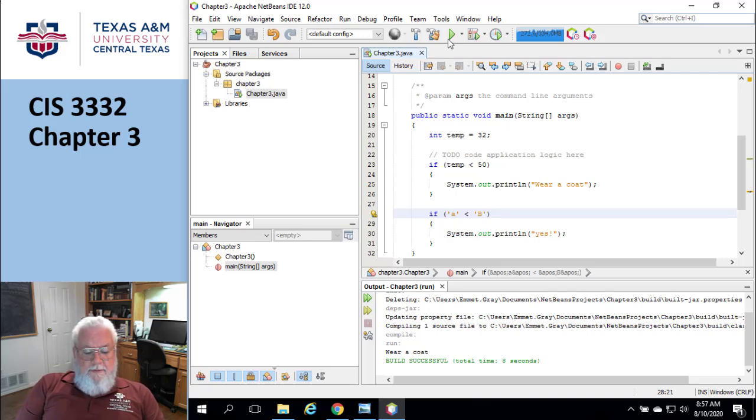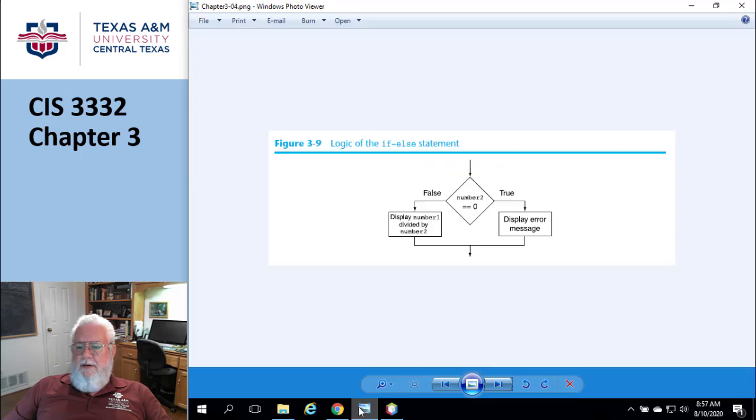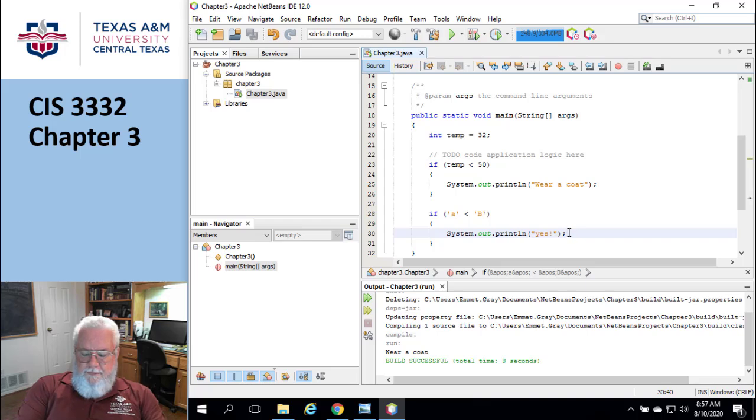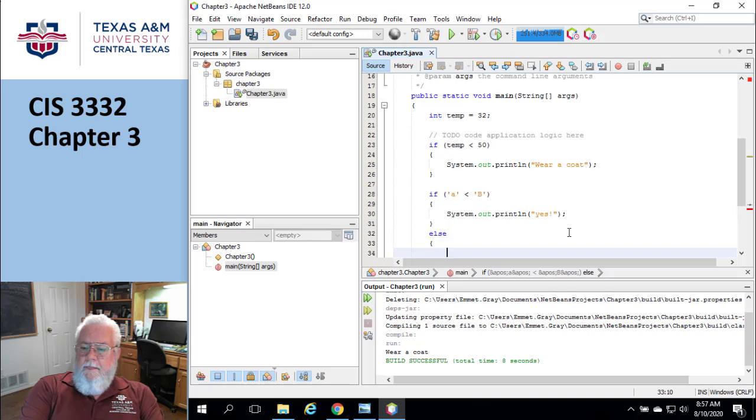Okay. So the next one talks about the else if statement, and that kind of makes sense, right? This is just the dual alternative thing, right? You guys know what we're talking about. If a number is whatever, then... so in our case, I'm just going to go back to here and say else, and then say system out println no. Okay, so that's all that is.